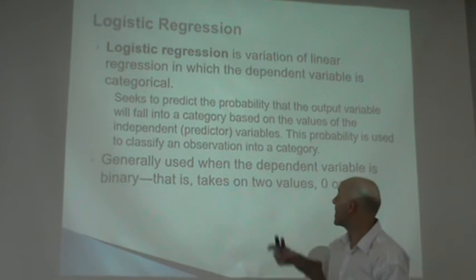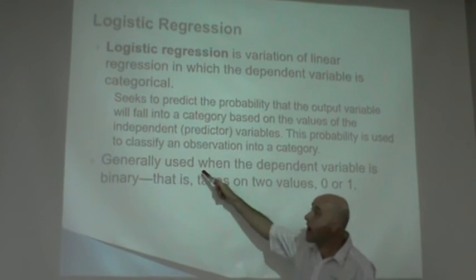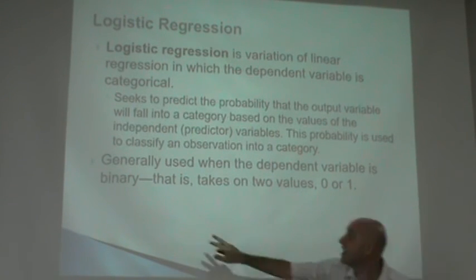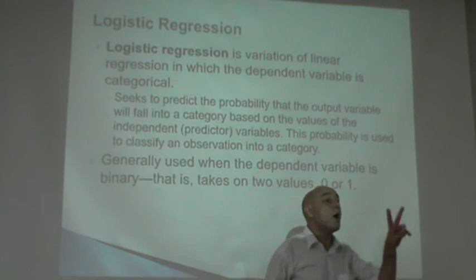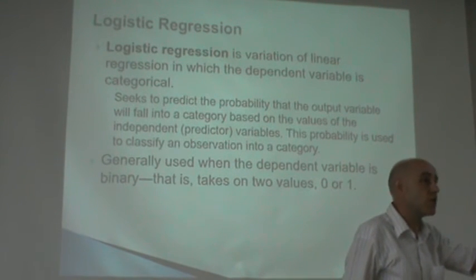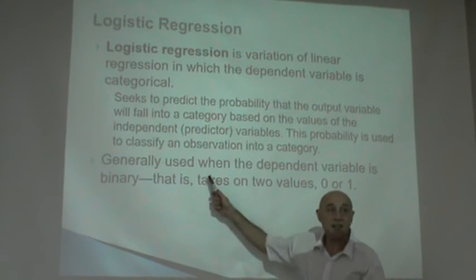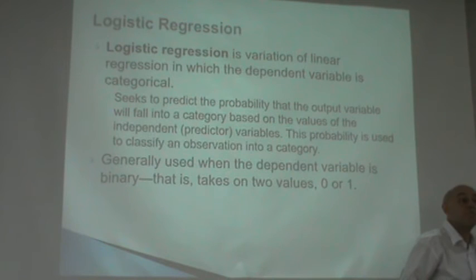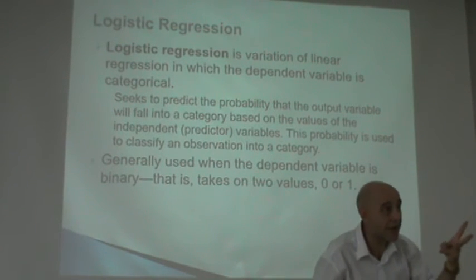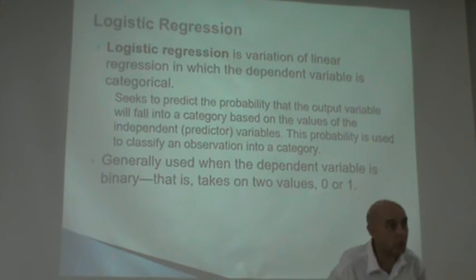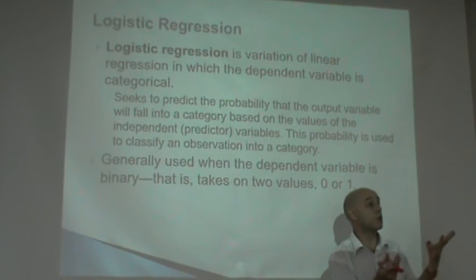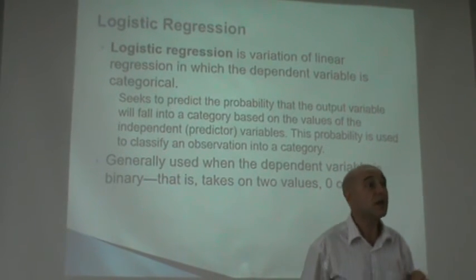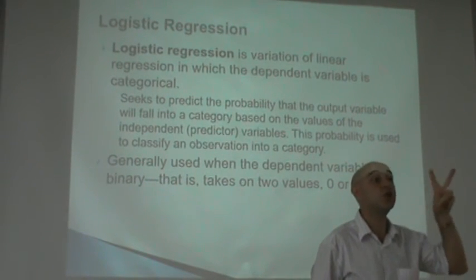In our case, the categorical variable with logistic analysis is binary, meaning only two values. So logistic analysis doesn't work with colors. It's not going to work with the MacBook Pro, Air. If you have three values, it won't work. It may work with married, not married, but it won't work with three values. So logistic analysis can be applied only if the variable of interest has two values.